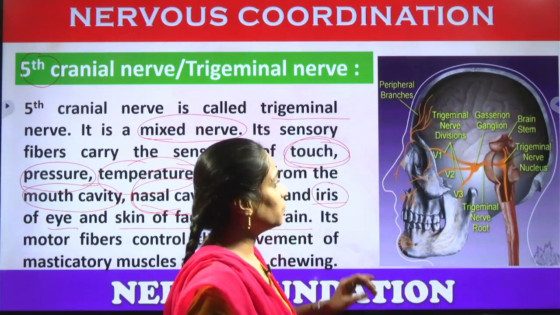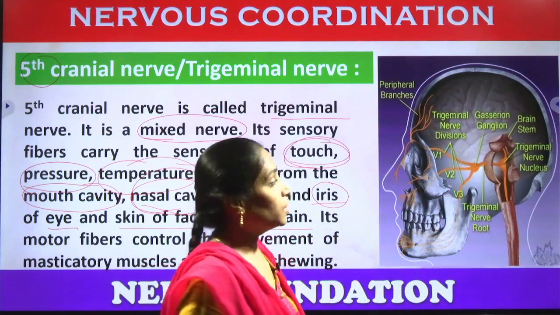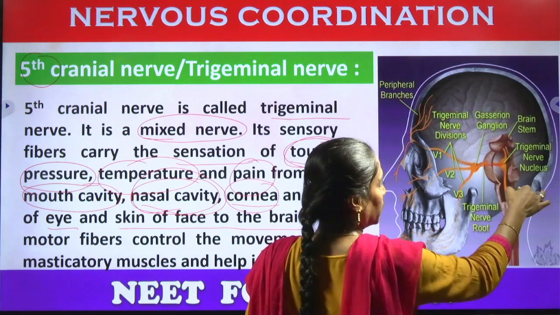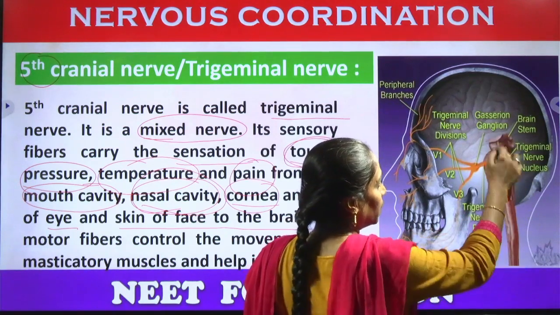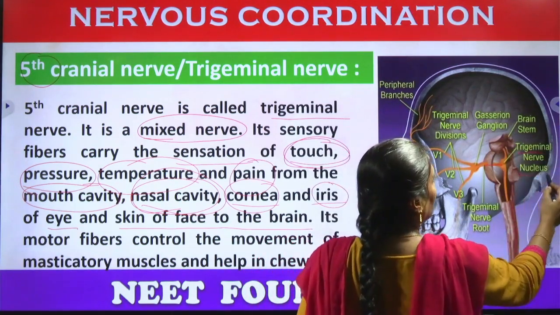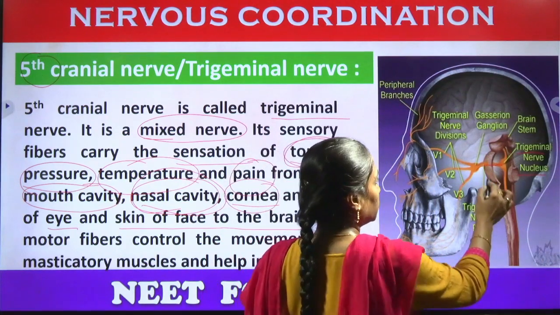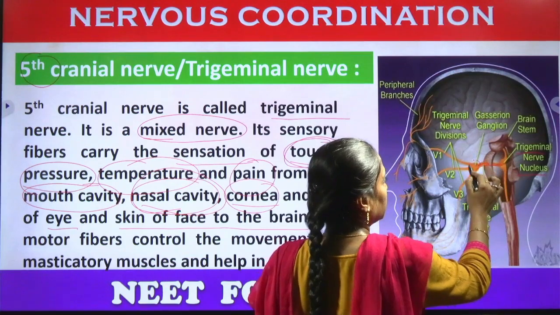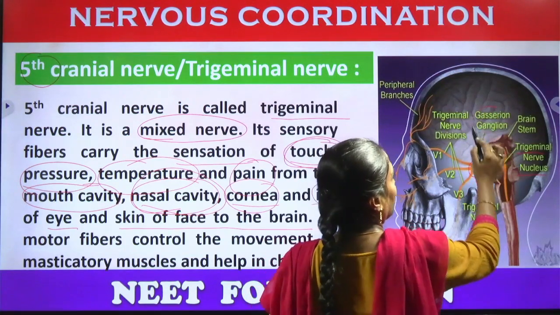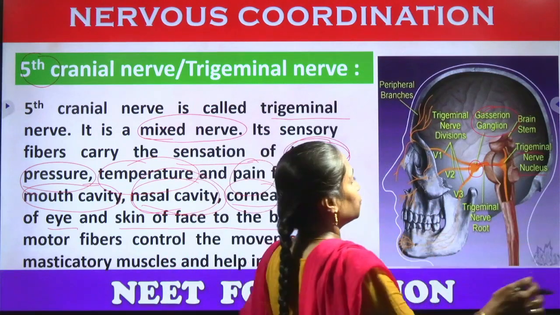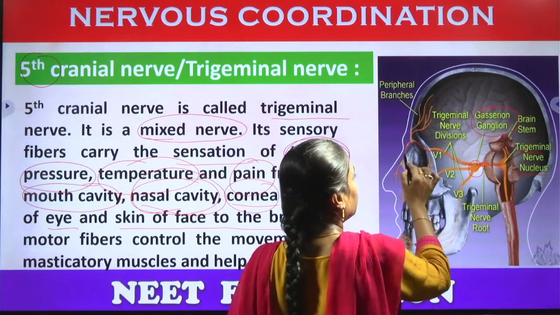Okay, so let us see where the trigeminal nerve arises. This trigeminal nerve arises from the brain. Next, this is the root, and this is the ganglionic region, the Gasserian ganglion, which is ready for partitioning into different types of nerves.